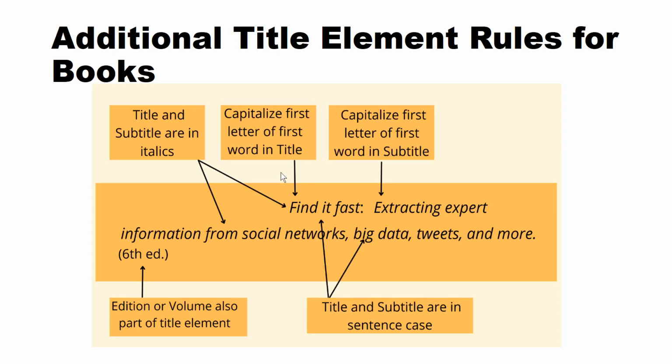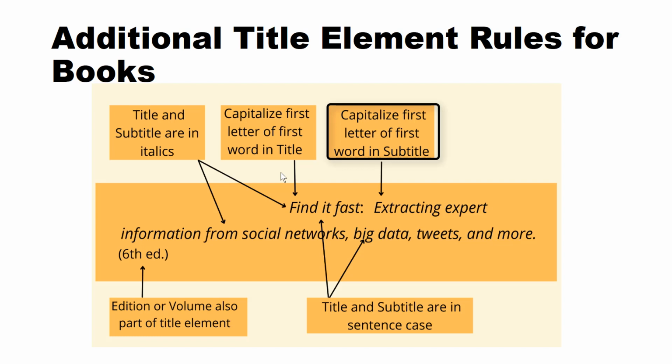Now here are some additional title element rules that we have for books. As you can see here, the title of this book and all books needs to be in italics, and you also need to capitalize the first letter of the first word in the title. So for Find It Fast, the first letter of find is capitalized, and the same thing for the subtitle.